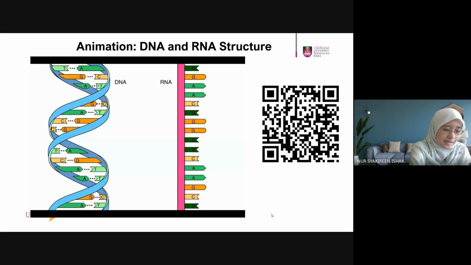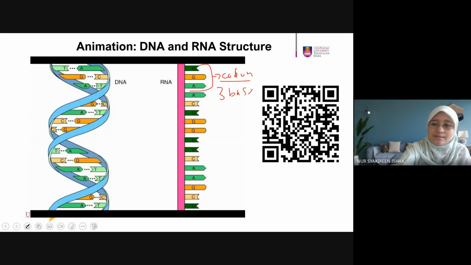If you look at this diagram here, DNA and RNA, this is 3 bases kan. So setiap 3 base we call it a codon. Codon consists of 3 bases, every 3 bases.